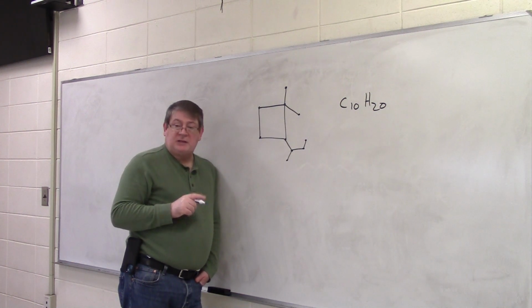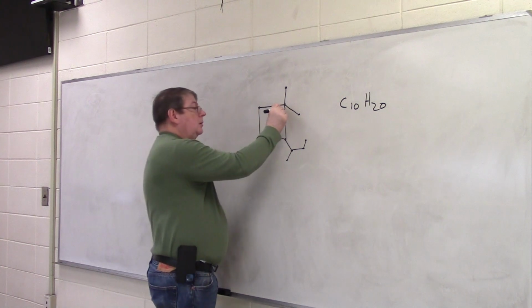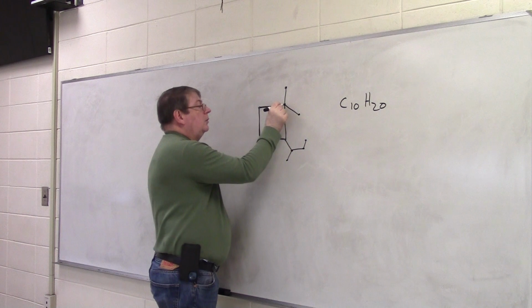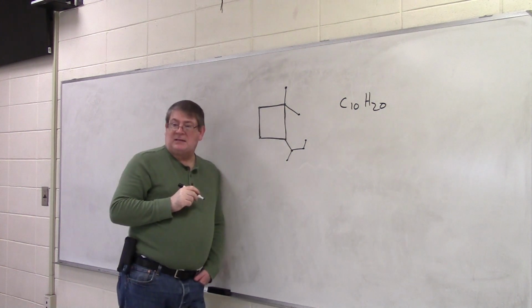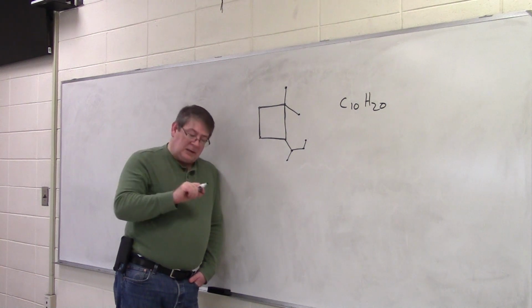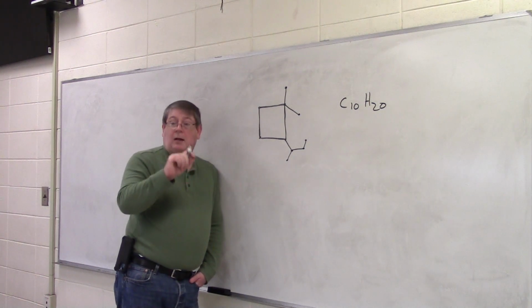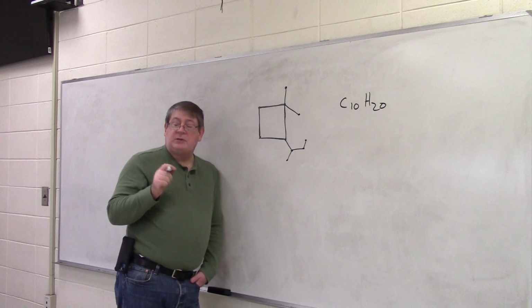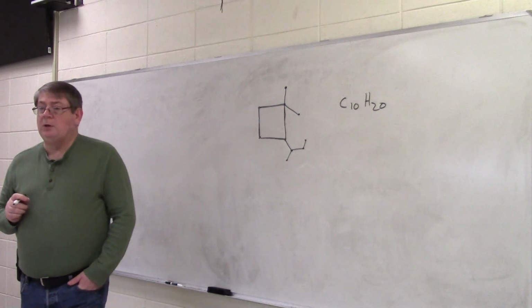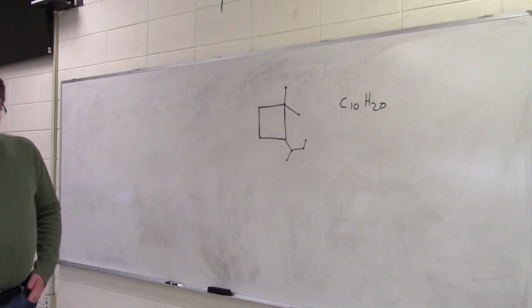It is, it's the cyclic part, right? I can start here and go all the way around and get back to the starting point without ever lifting my pencil. But then what about the longest continuous chain? In a cycloalkane, it's the cycloalkane piece. For the purposes of this class, there are some rules where you would name it as the longest chain, but we're not going to get into those.